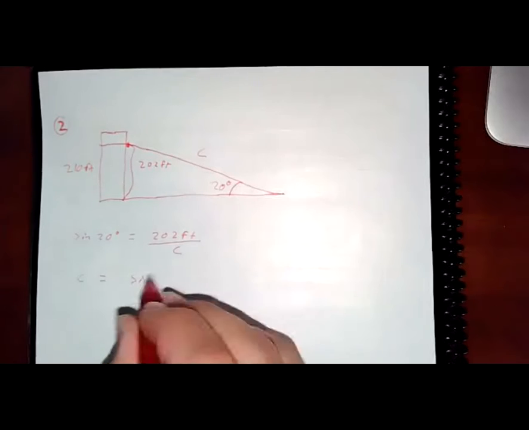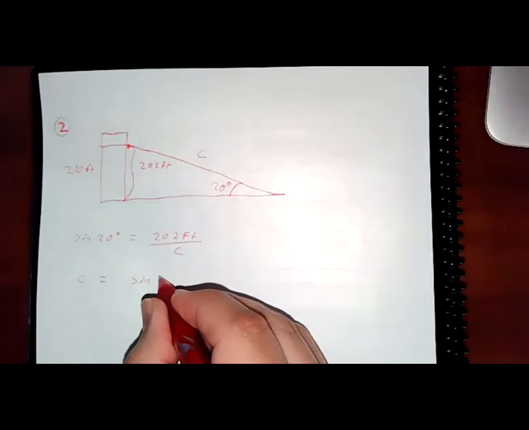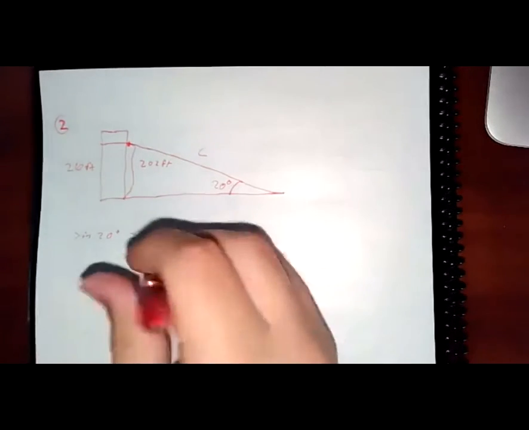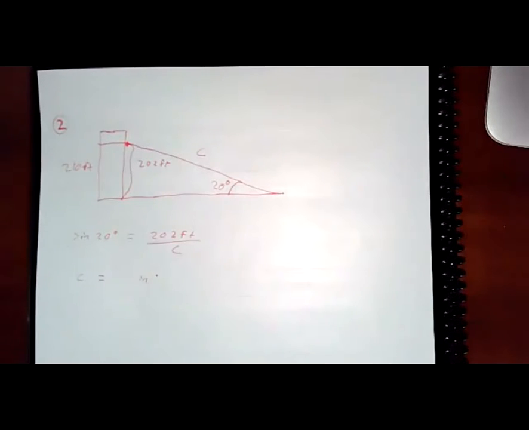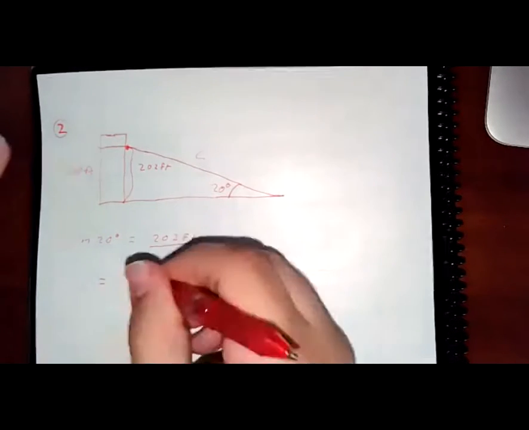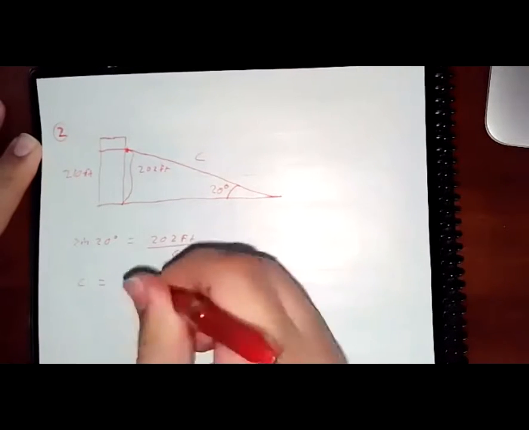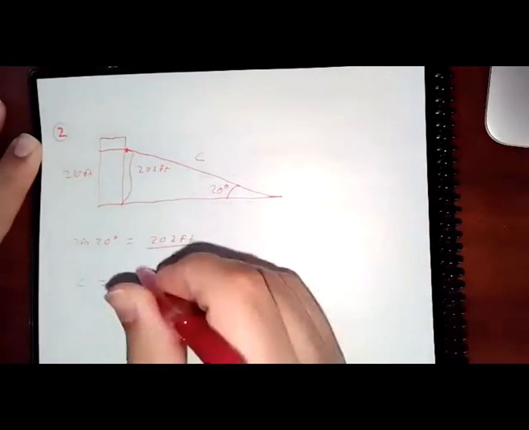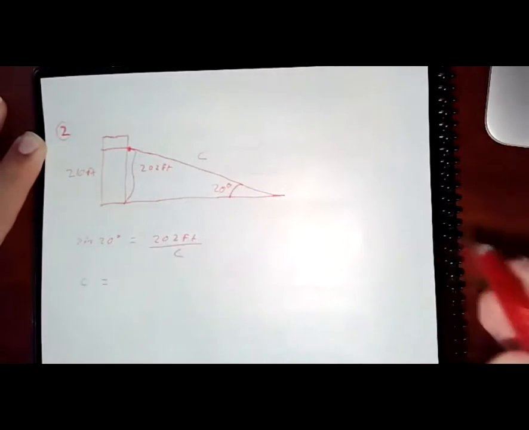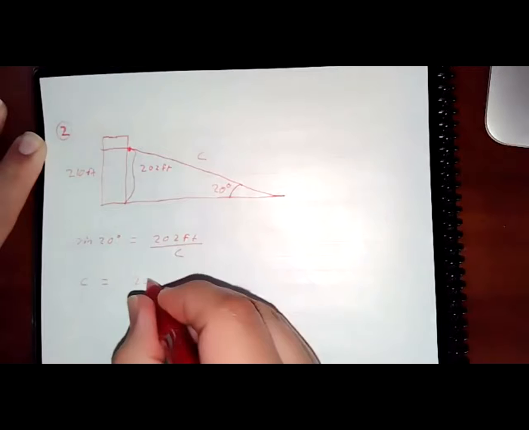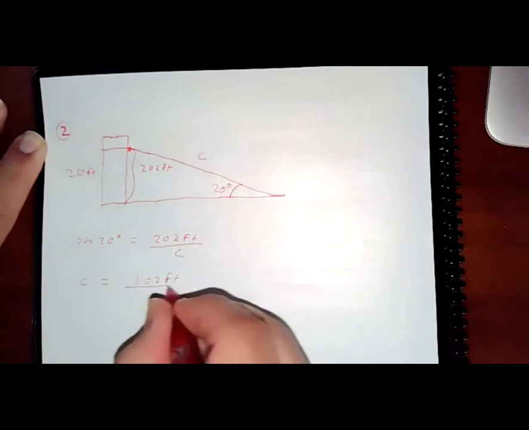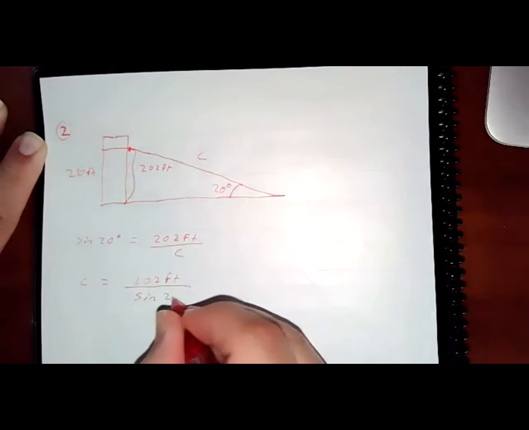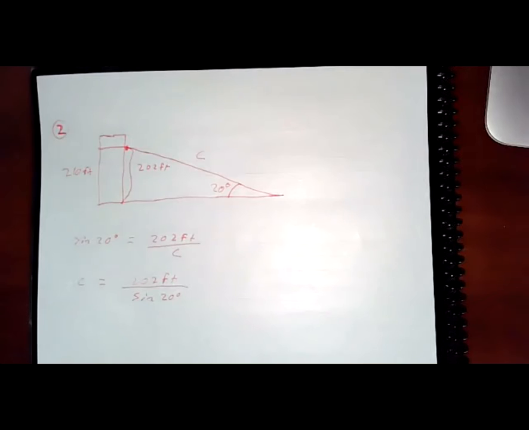sine 20. (202 feet) over sine 20. All right, so what does that give us?